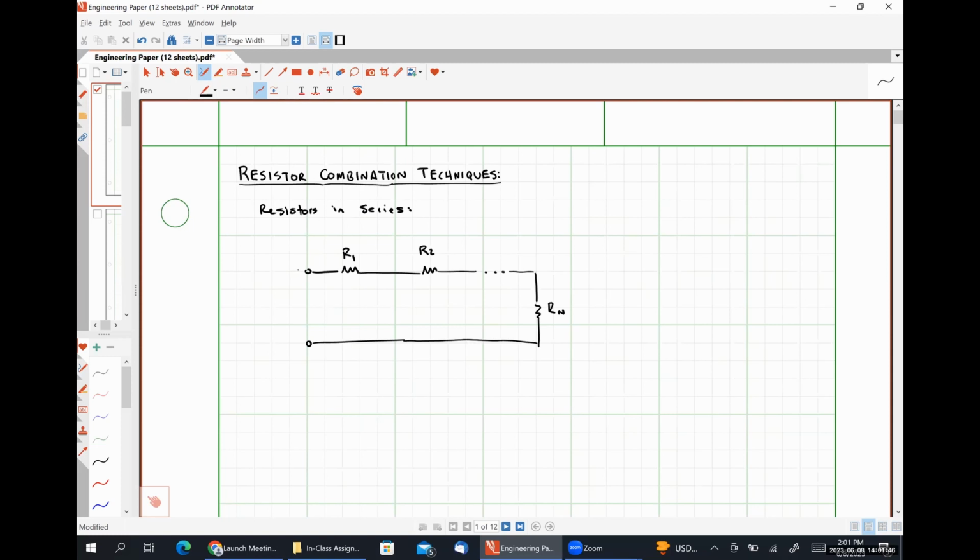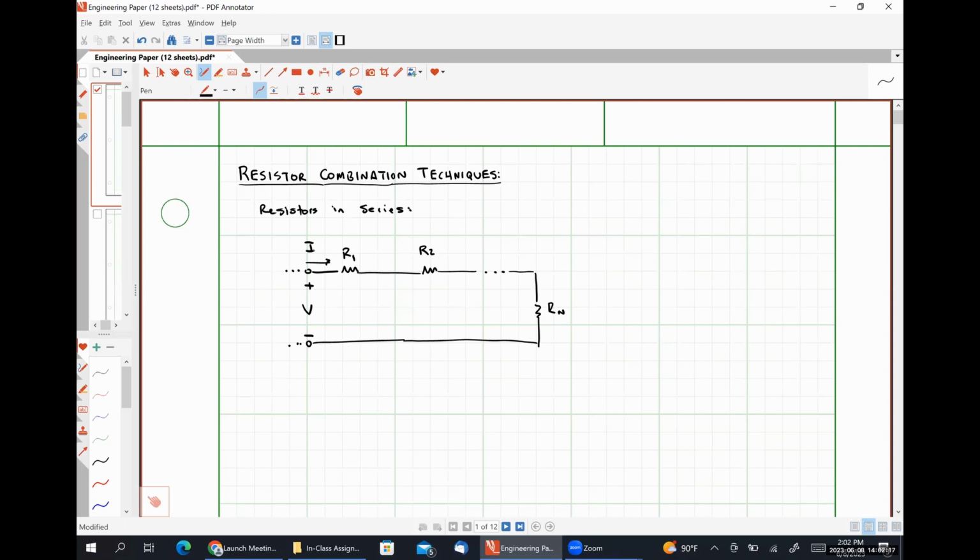I'm going to say that this resistor network is part of some larger circuit, and the voltage drop across this portion of the network containing all of the resistors in series will be V, and the current flowing into this resistor network will be I.